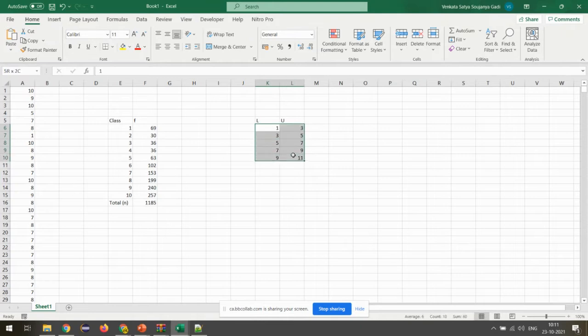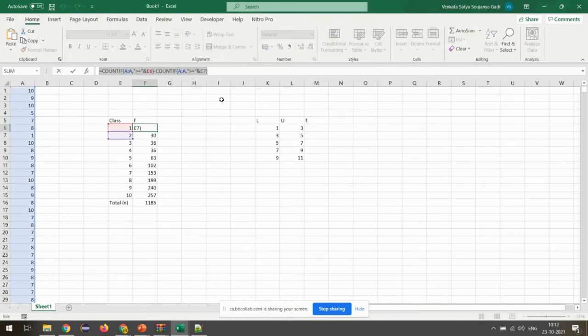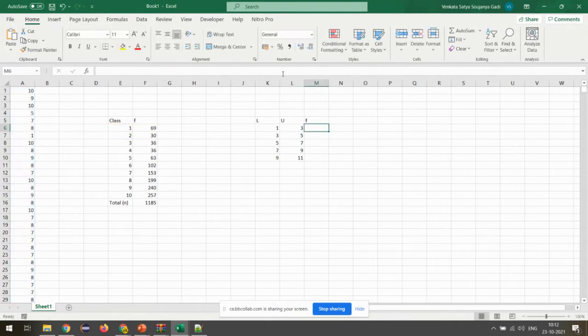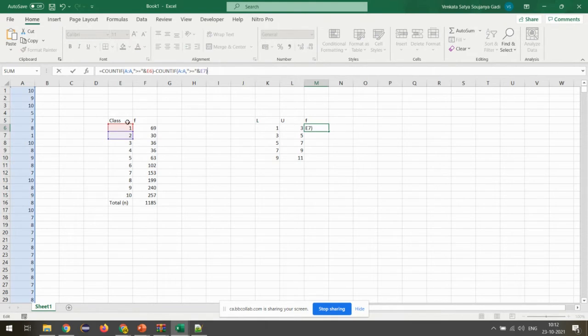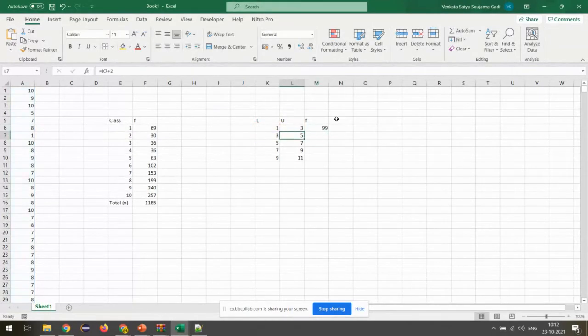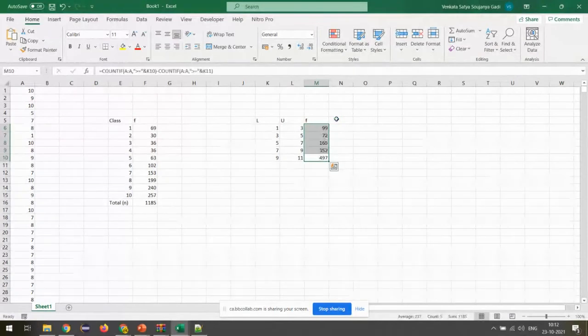So this takes the whole range. And the frequency, we calculate in a similar way. I'll copy here. The lower limit we put here, and the upper limit you can put here, not a problem.